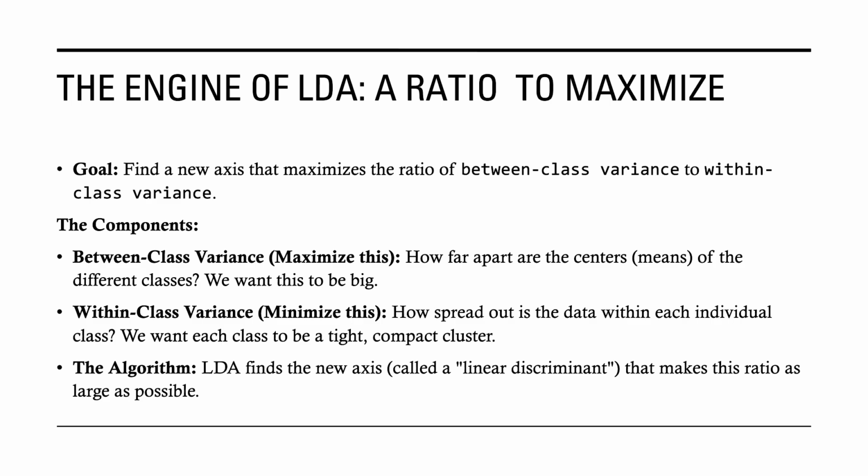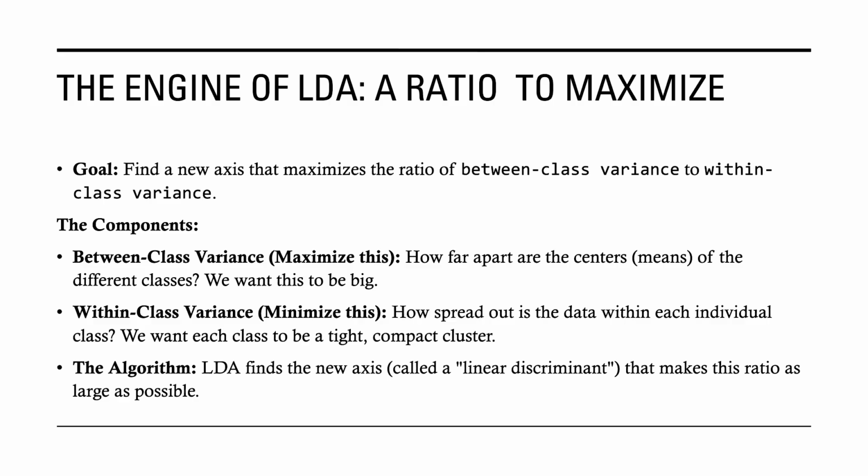So how does LDA work? Basically, we want to maximize a ratio. What is this ratio? It is a ratio of between class variance to within class variance. We want to maximize the difference of data between two different classes, but at the same time, we want to keep the variance within a class very minimum or very close.